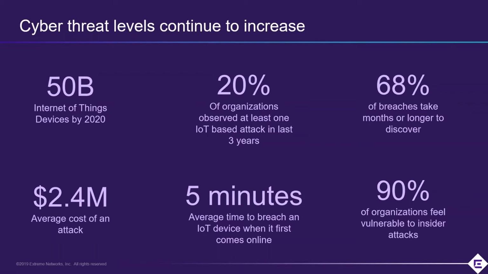Now move down, 5 minutes, average time to breach an IoT device, particularly if it has the default passwords on. Now move over to the upper left-hand side, 68% of breaches take months or longer to discover. These are bad numbers. Anybody with a security architecture background would know that these are very bad numbers. This is an open attack vector in every sense of the word.